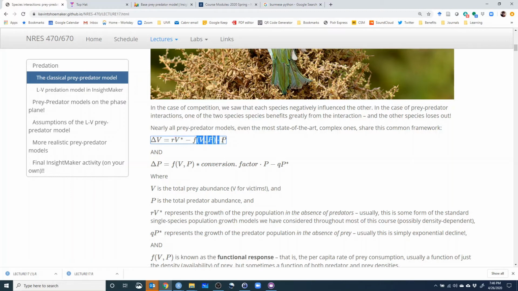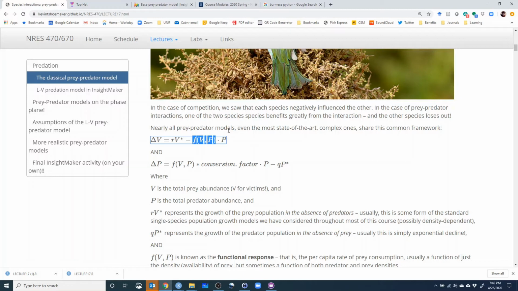This term represents the degree to which the prey population is consumed, or the number of prey consumed per time step. And that is broken down into this F, or function of the victim abundance and the predator abundance. This function of the victim abundance and predator abundance is often called the functional response.